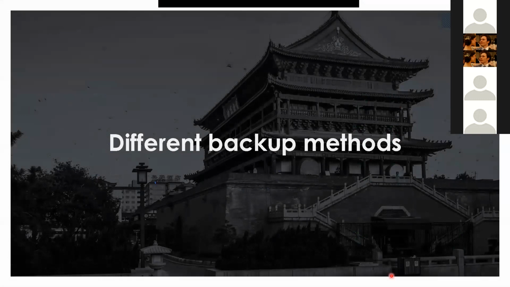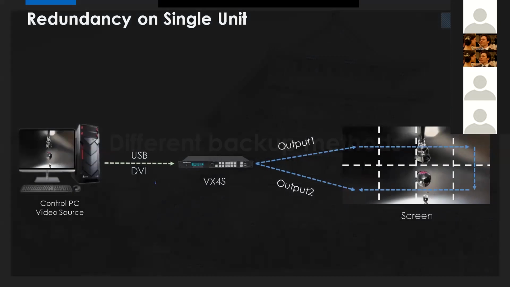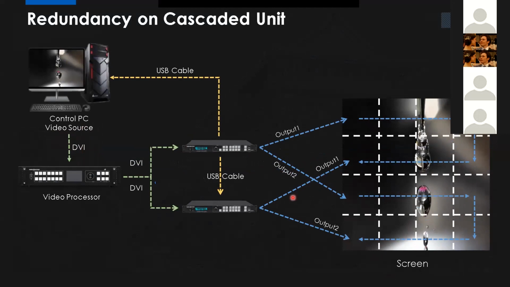Now let's take a look at the specific connection methods. This one we already see: we use one controller and port backup, 2 different ports. And the second method, the redundancy on multiple units, we have 2 controllers here, and those 2 are cascaded with the USB cable.